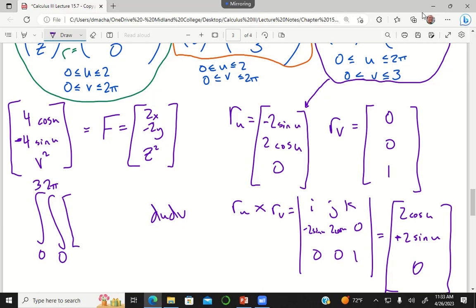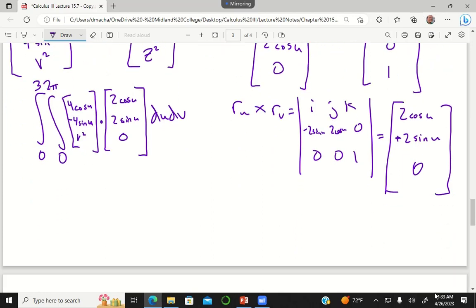So capital F is (4 cosine u, negative 4 sine u, v squared), dotted with the cross product, which is (2 cosine u, 2 sine u, 0).